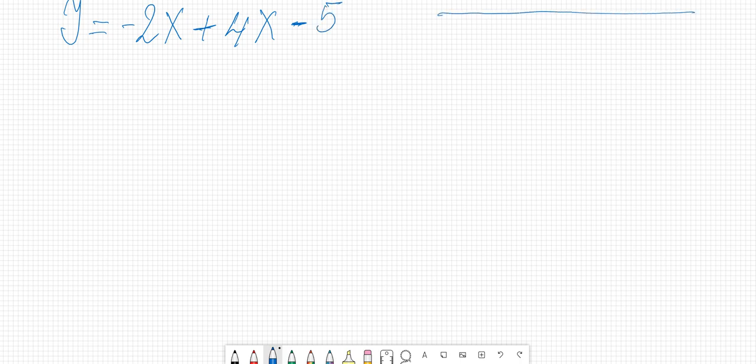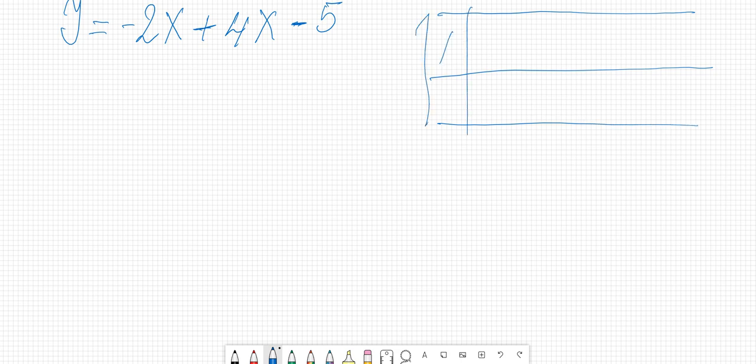So if we have y is equal to negative 2x squared plus 4x minus 5.